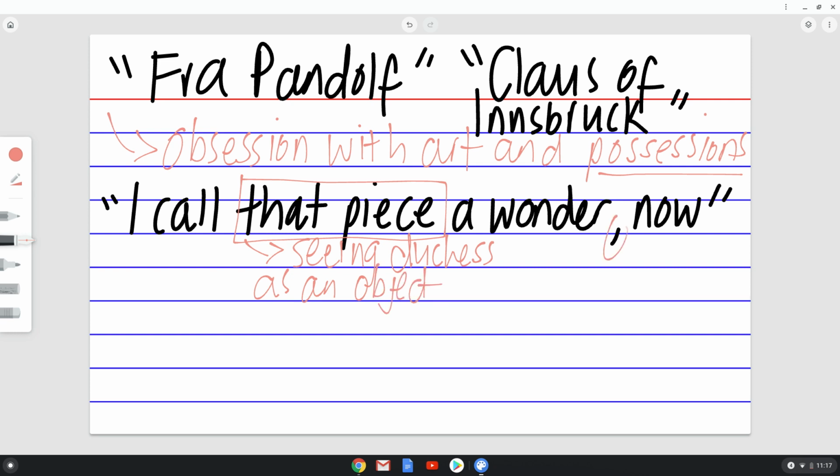And again, we've got that caesura, but also the word "now" implies lack of respect for living. Okay, so I know that that's really useful for me to remember.